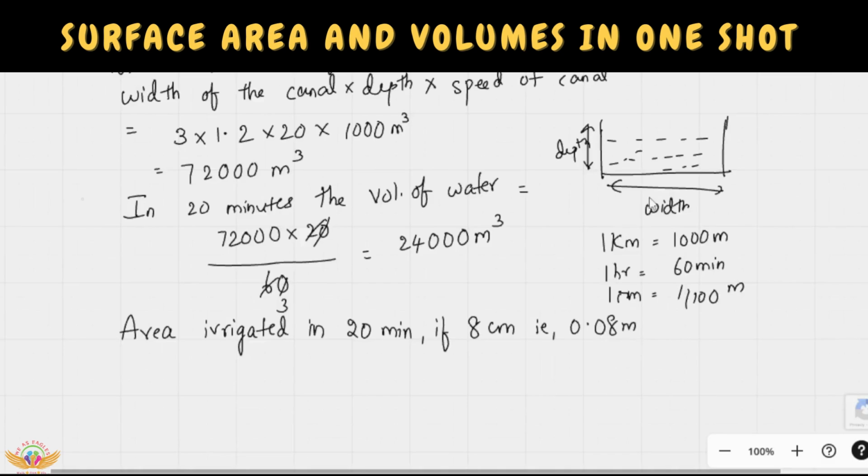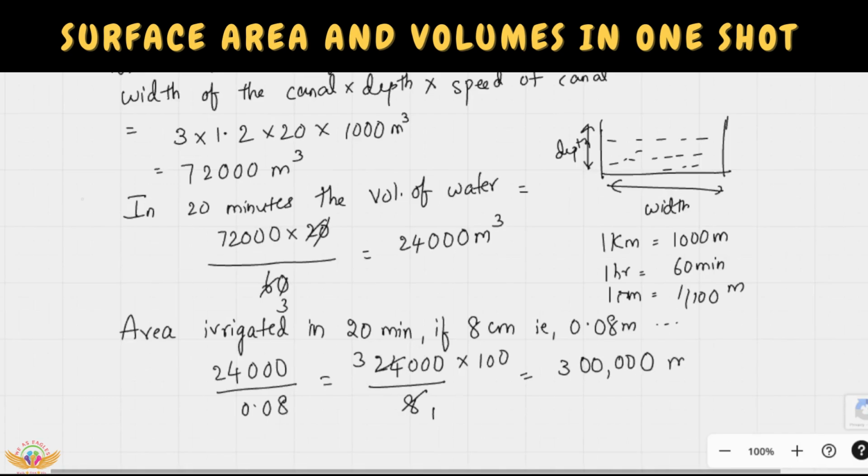Okay, done. 0.08 meters standing required. What is that? So you just have to divide it by 24,000 divided by 0.08. We need to solve this. So it becomes 24,000 by 8 into 100. So 8 ones are 8, 8 threes are 24.